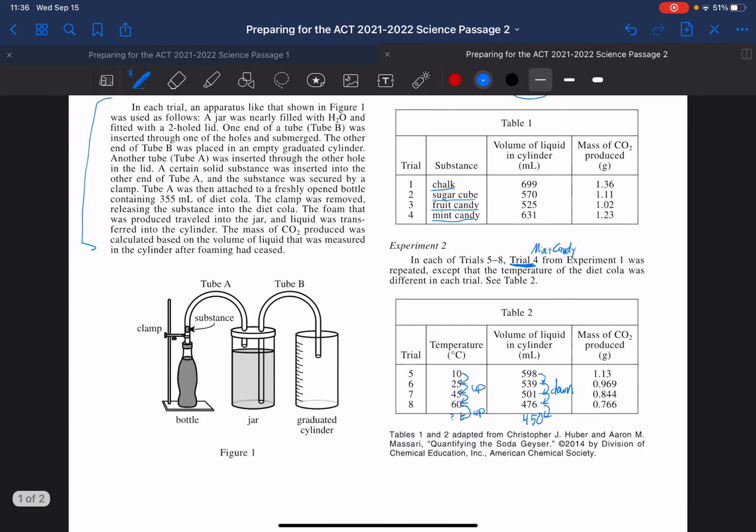Here it went down again. Here's the mass. And in all 3 cases, the mass went down. So it always seems to be going in the same direction. One goes up, the other follows it. So that is what we call a direct variation, because it says as the volume of the liquid increased, the mass of the product, the CO2 produced, increased as well.